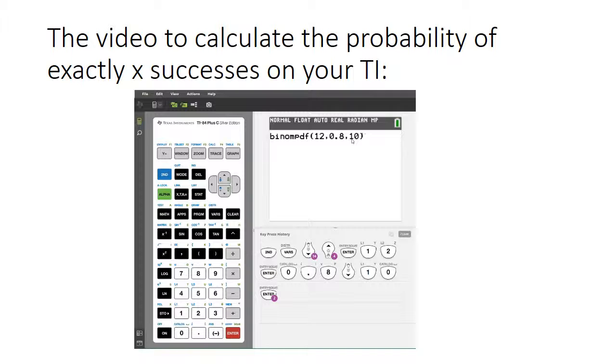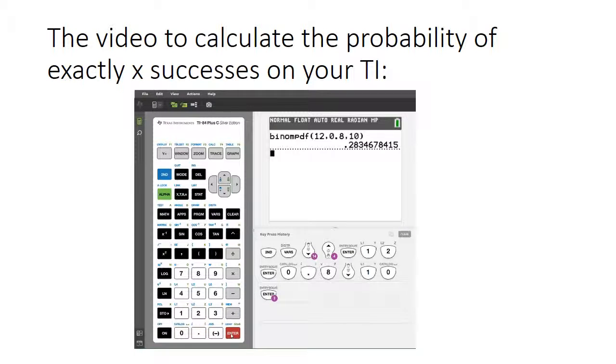So in your notes that you have for your exam, write that down. Binom PDF, NPX, or binom PDF, number of trials, comma, probability of success as a decimal, comma, number of successes.